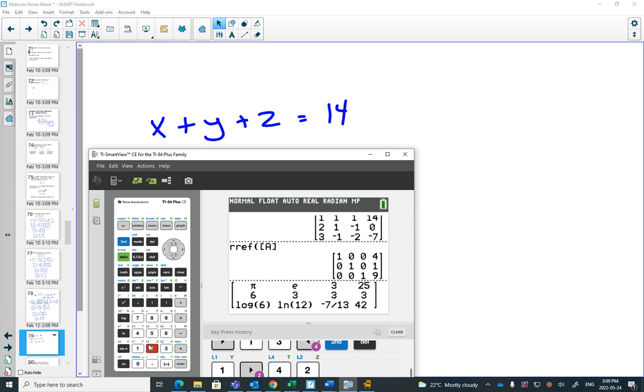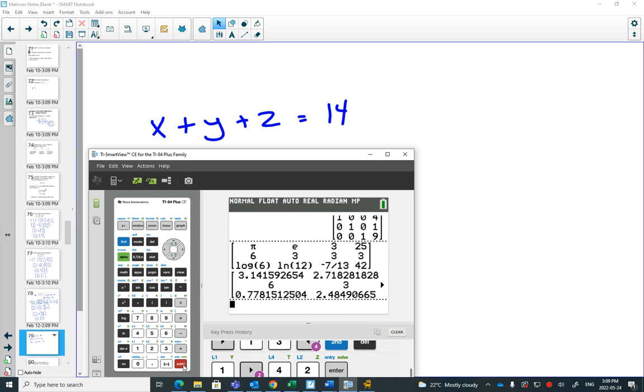Now, if you had a system of equations of this by hand, it would not be fun for eliminating variables. But look, they nicely changed it to decimals for us.